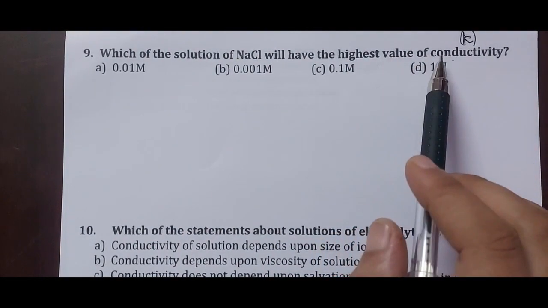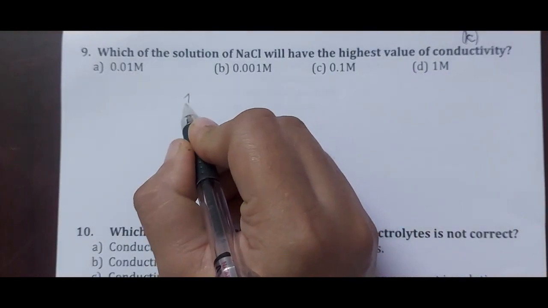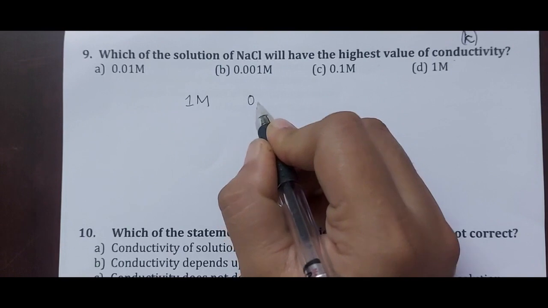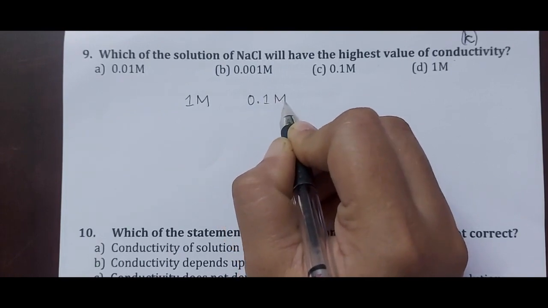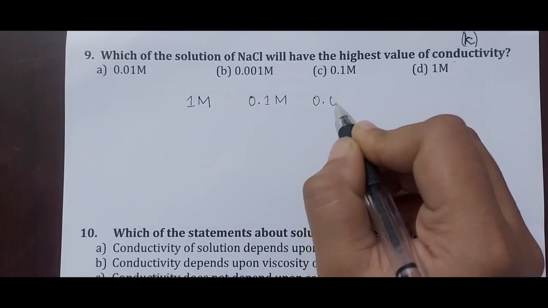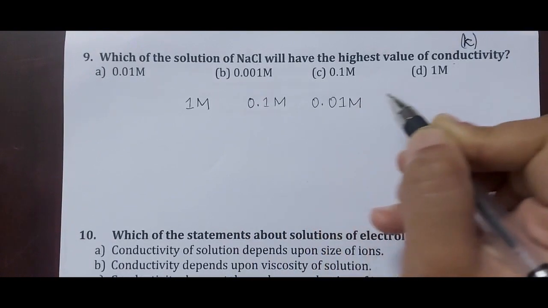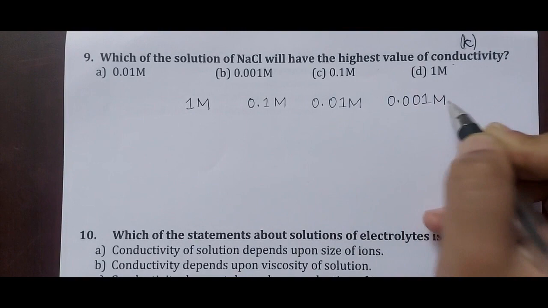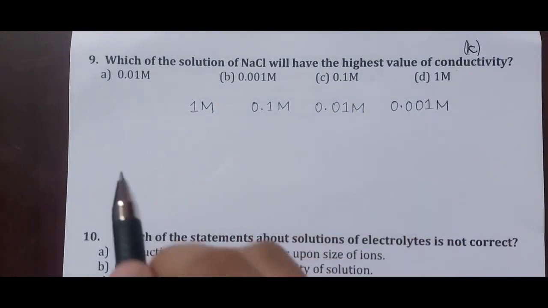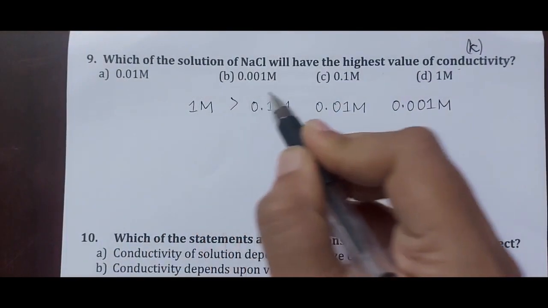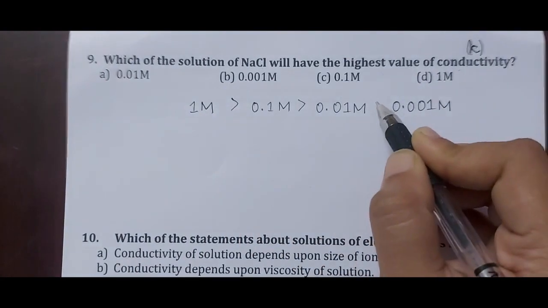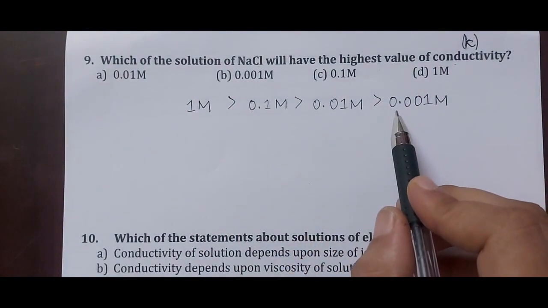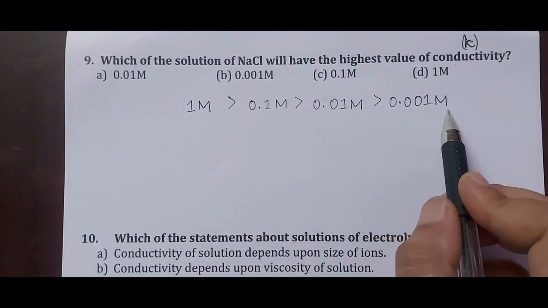So we'll arrange them in an order. 1 molar is the highest concentration, next is 0.1 molar, next is 0.01 molar, next is 0.001 molar. Now if you consider the concentration here, 1 molar is greater than 0.1, 0.1 is greater than 0.01, and 0.01 is greater than 0.001 molar.